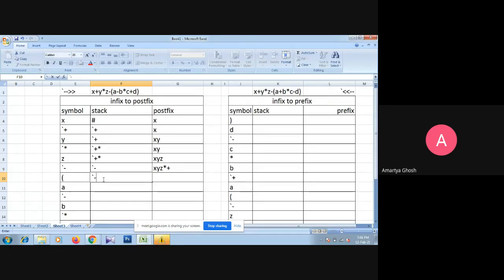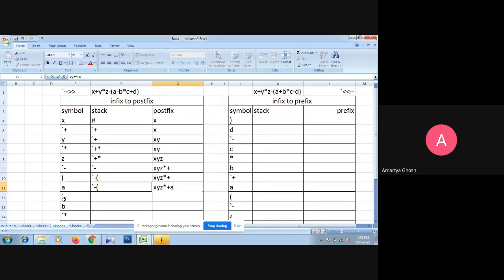So here we just mention the open brace in the stack. Now whatever the postfix is will remain the same. Now the element A is the operand, so the stack will remain the same, and the new element A will sit at its post position.